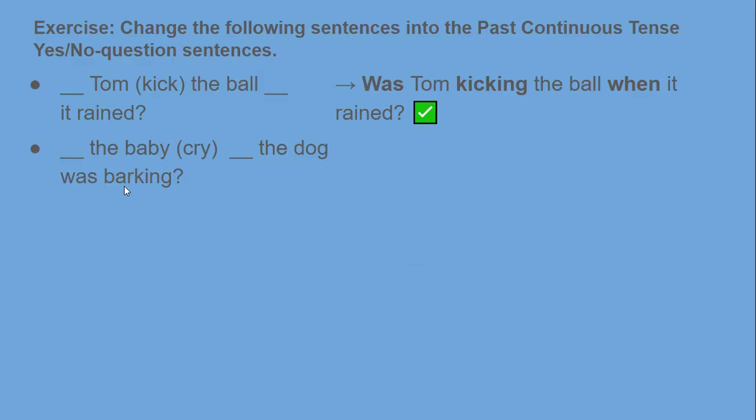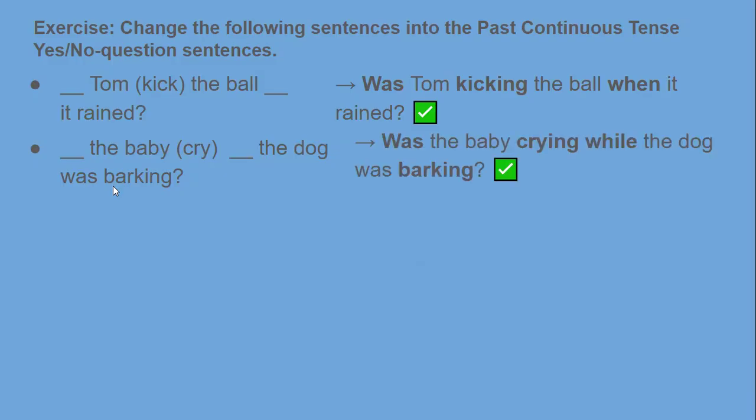And you can see here the second sentence is also in the past continuous form, and therefore we have to connect the two sentences using while. So the correct sentence becomes, was the baby crying while the dog was barking?